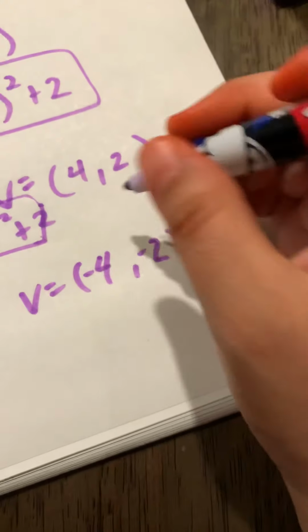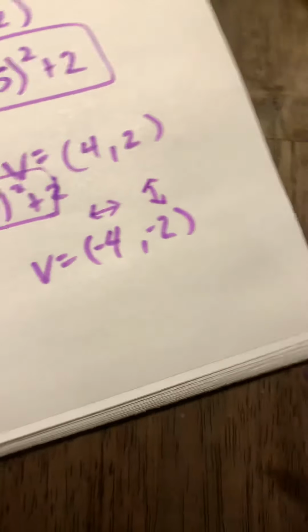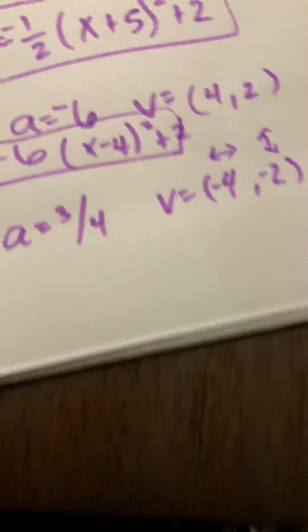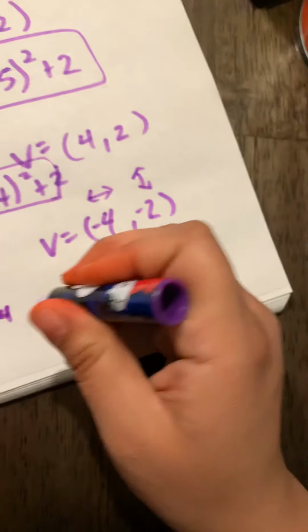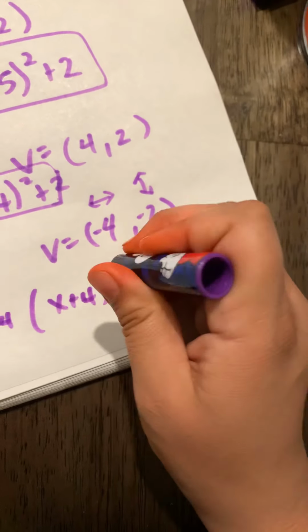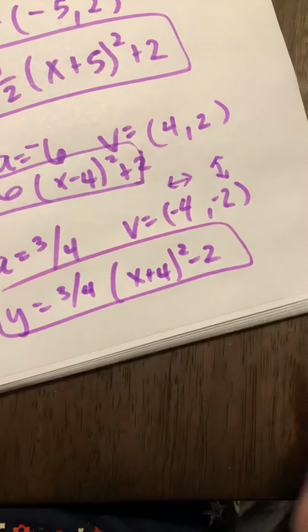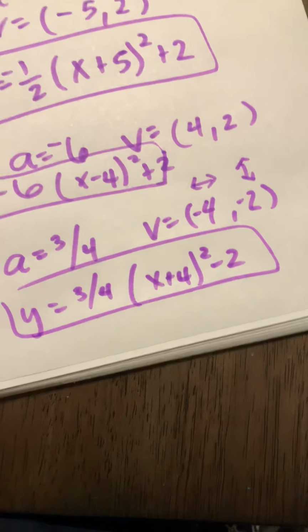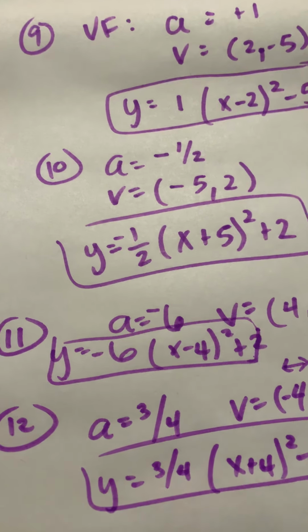But just remember that the first value always moves you left and right, and the second one is what moves you up and down. So now I can write the equation. And it should look like that. So that's all the problems from the front side of the unit.